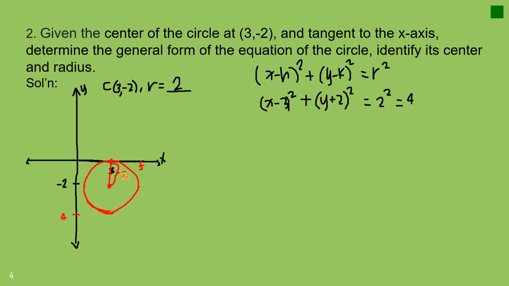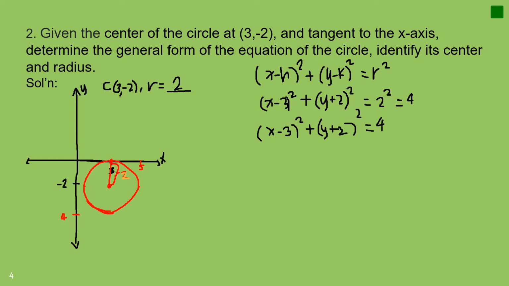Therefore, the equation in standard form is x minus 3 quantity squared plus y plus 2 quantity squared equal to 4.